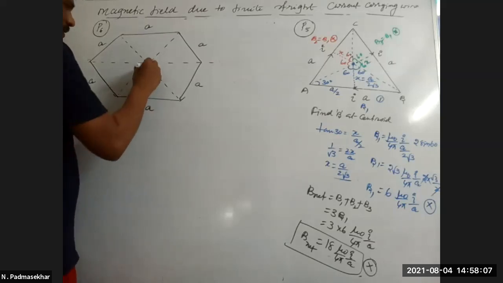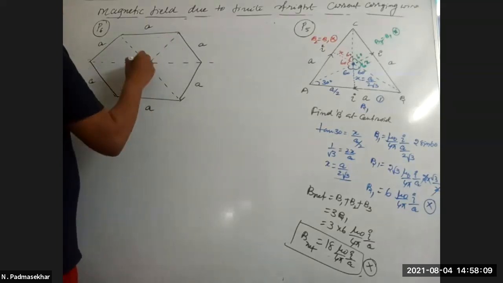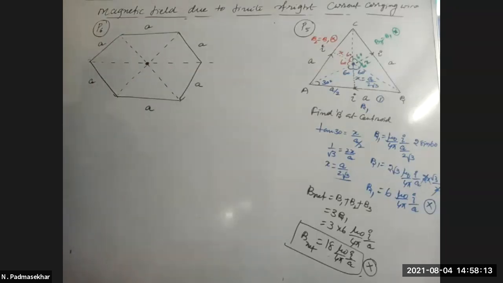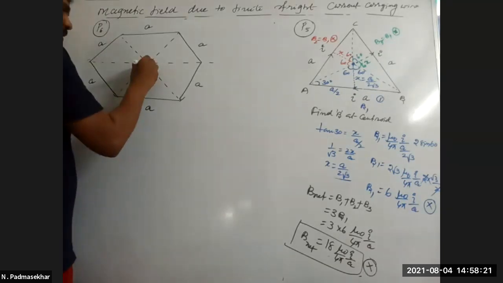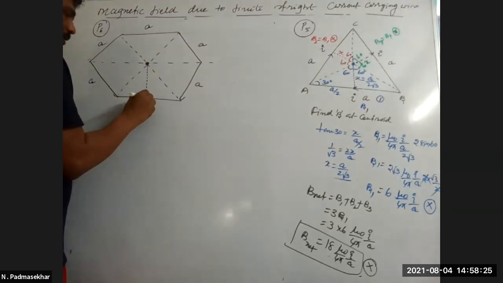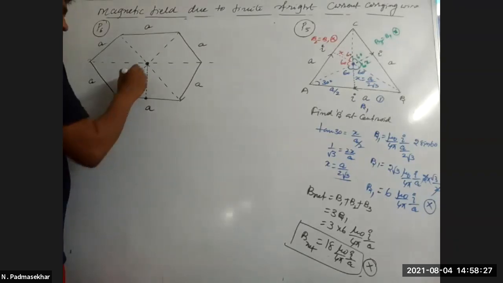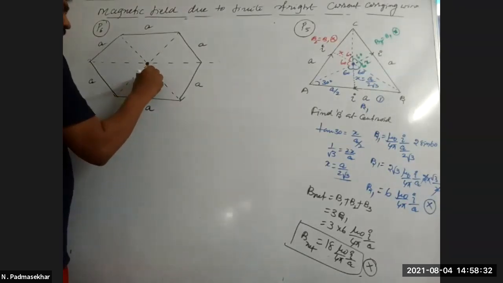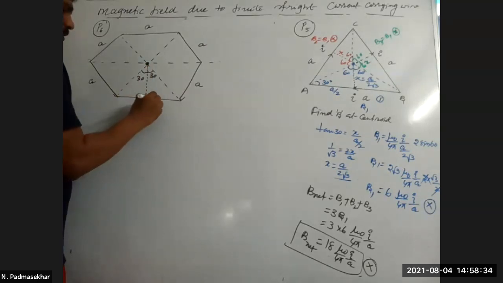See, it is an equilateral triangle. So regular hexagon means 6, 360 by 6. 360 by 6 means how much? 60. So 60 means here, if you consider one point here, this is 30 degrees, and it is 30 degrees.